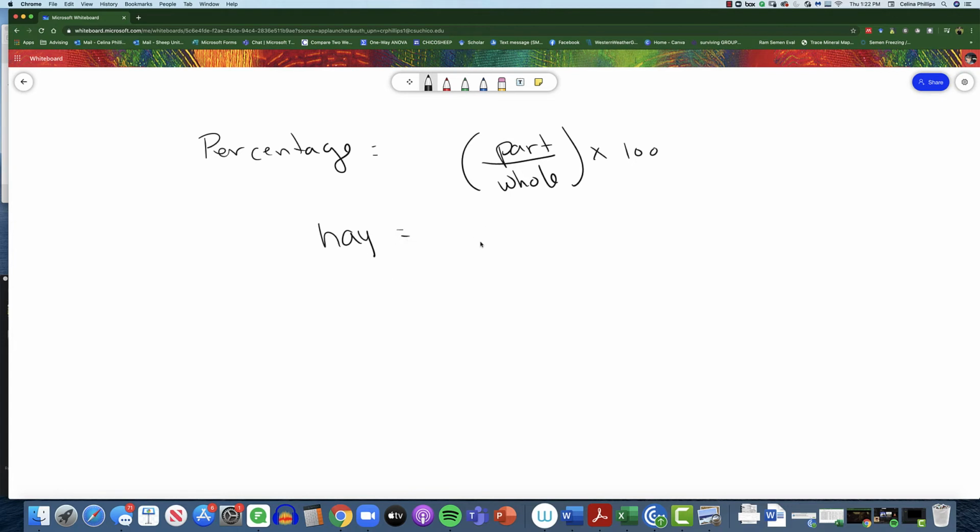If we knew that the hay had 90 pounds of dry matter out of 100 pounds as fed, and in my world, hashtag means pounds, then we would be able to simply convert that and set it up as an equation and get to our 90% dry matter.